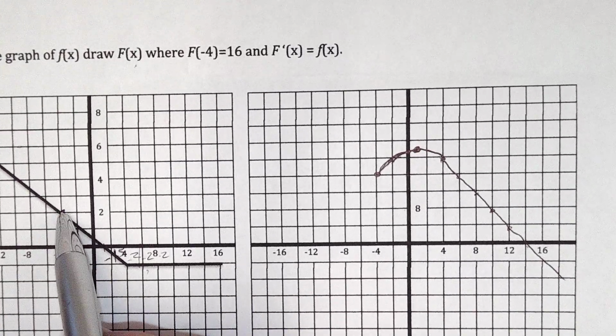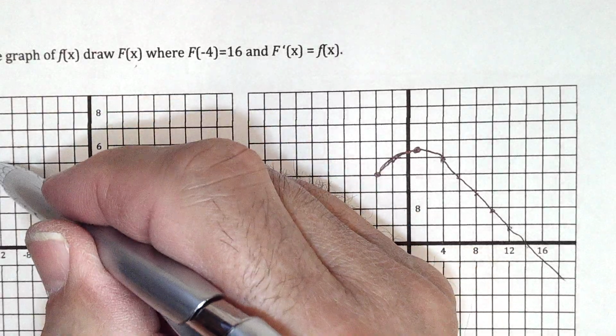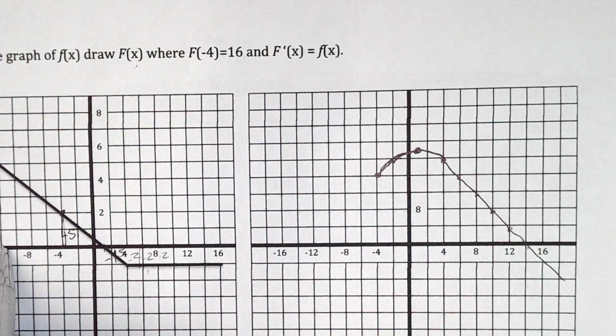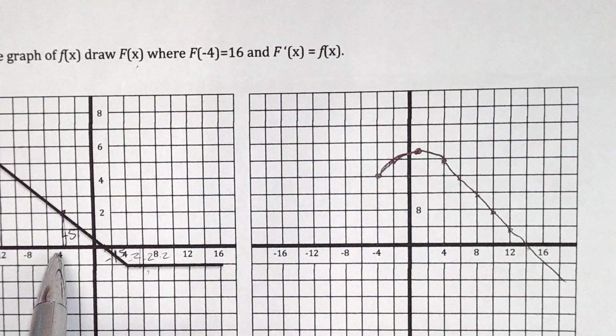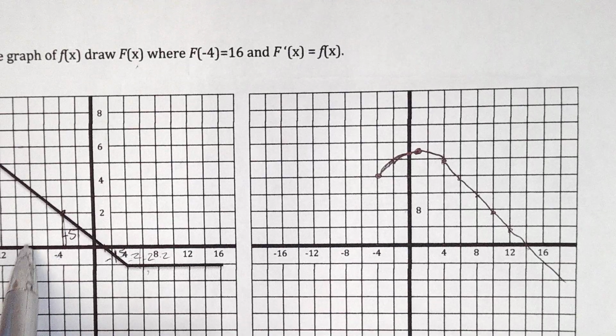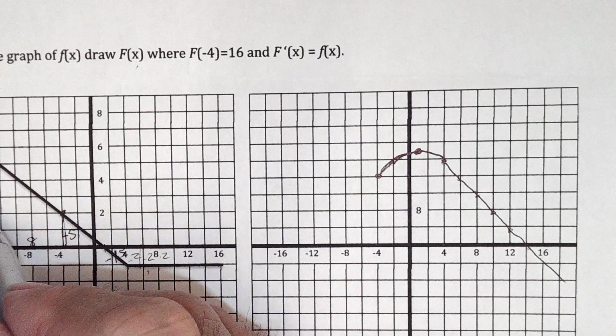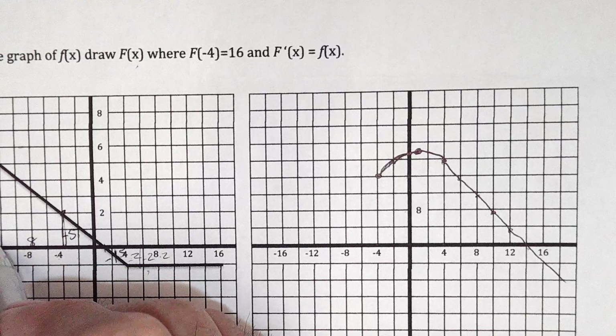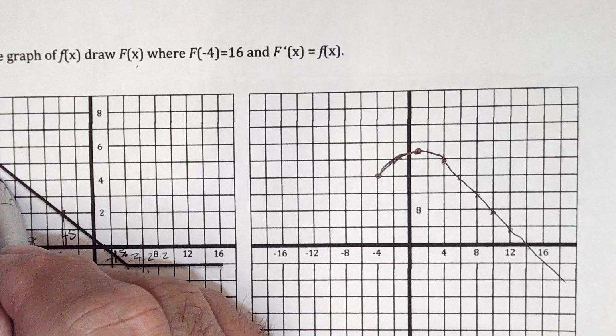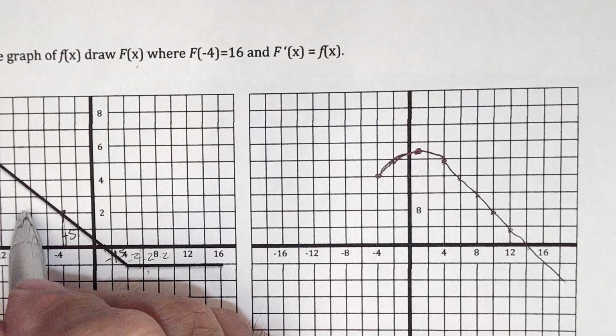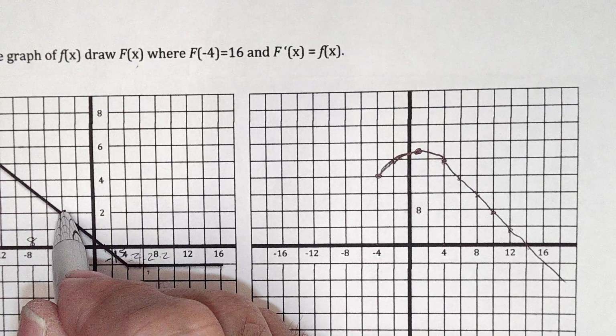Now before that, this area, see that's 12 to negative 4, that's 8. And this is 1, 2, 3, 4, 5. 5, and this side is 2.